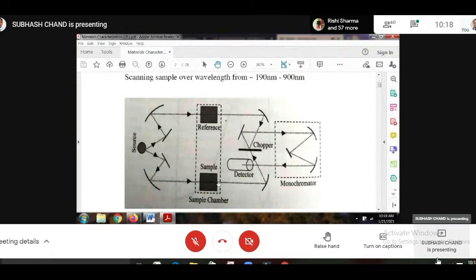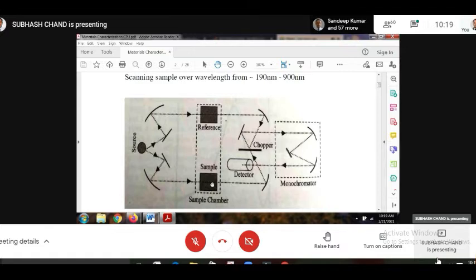Whatever sample you take, you cannot take the sample alone. Your sample must be contained within some container, or it is deposited on some substrate support. The light also passes through that container or support, and the container or support substrate will also absorb.